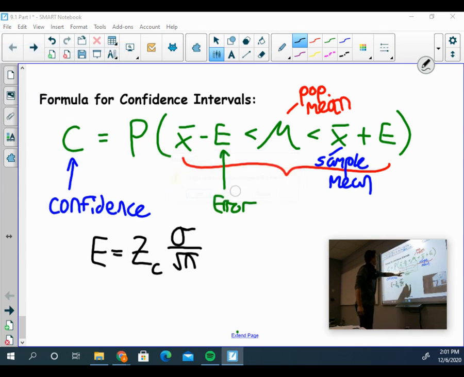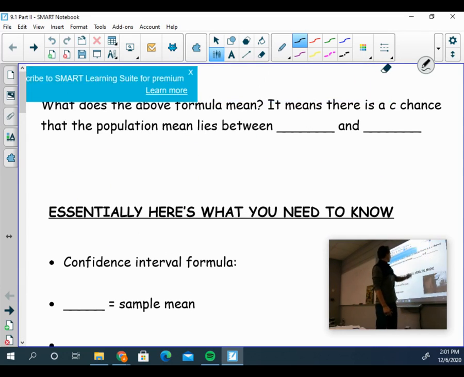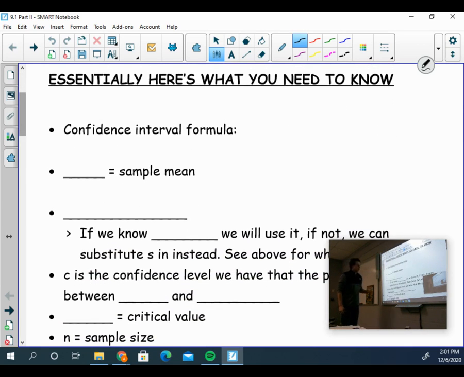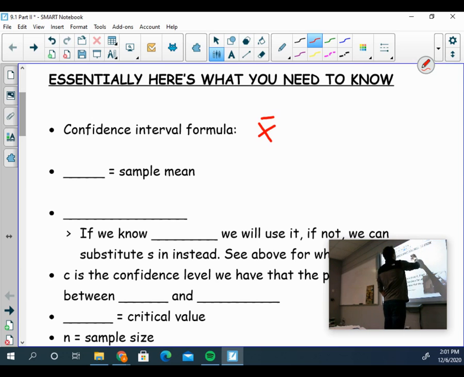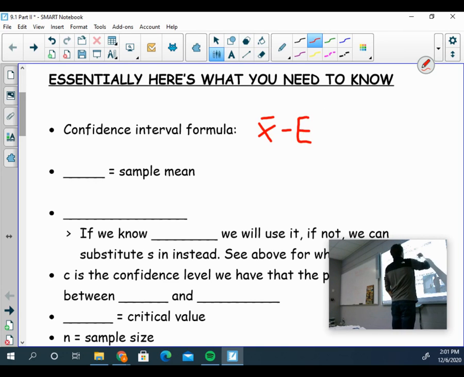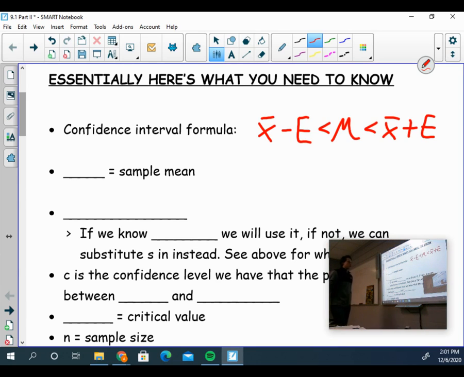So to recap, here's what you need to know. Your formula for a confidence interval is going to be X bar minus E is less than your population mean is less than X bar plus E. We're using the sample mean to predict the population mean.